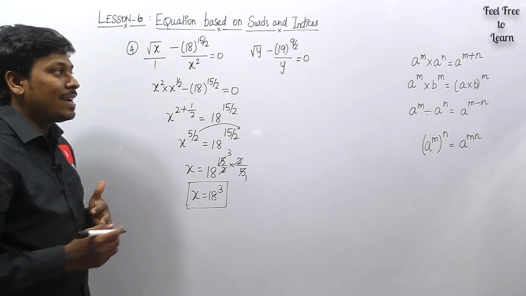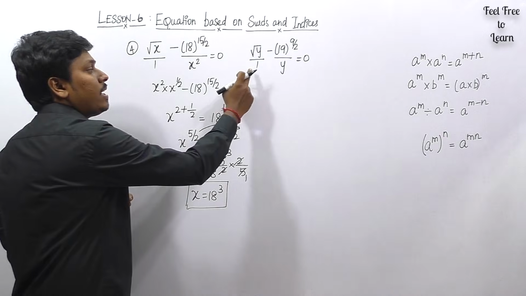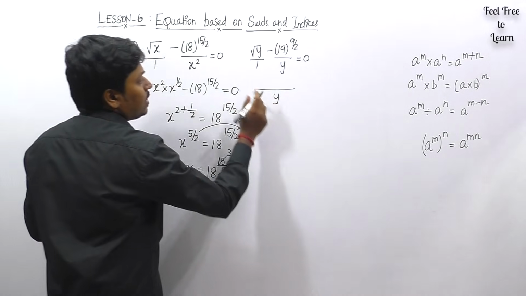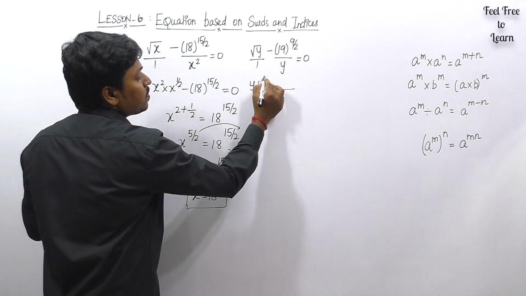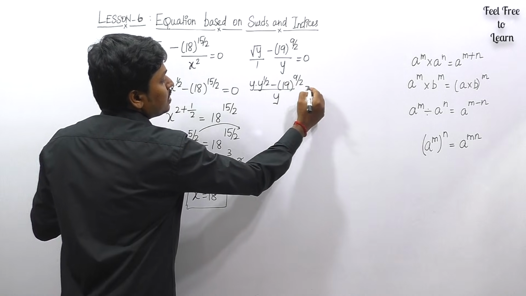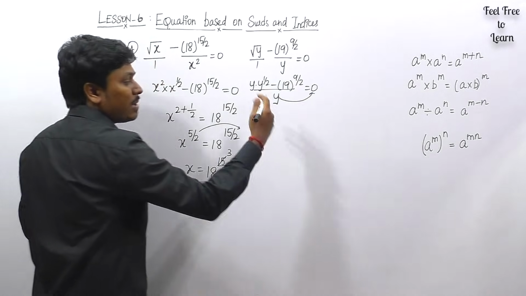So let me move on to the second expression, friends. Similarly, here the denominator is 1, right? So denominator 1 and denominator y. So let me take y as LCM. So we need to multiply this by y. So y into root of y can be written as y power 1 by 2, minus 19 power 9 by 2 is equal to 0. Similarly, when you bring this denominator towards the right hand side, it becomes 0, right?